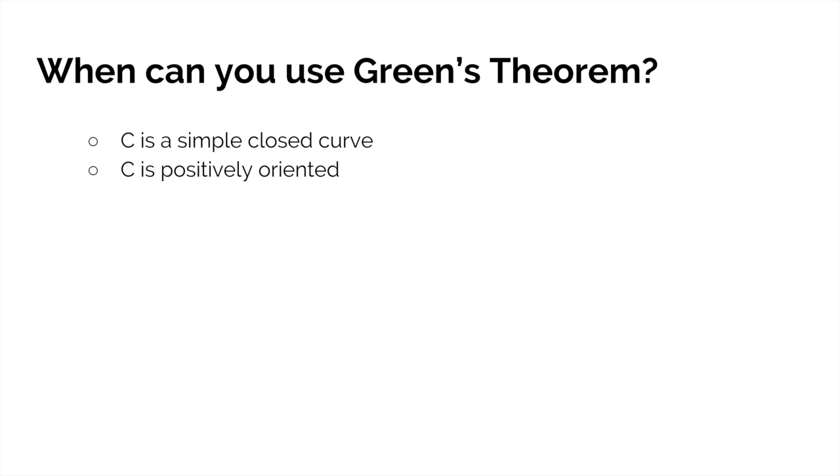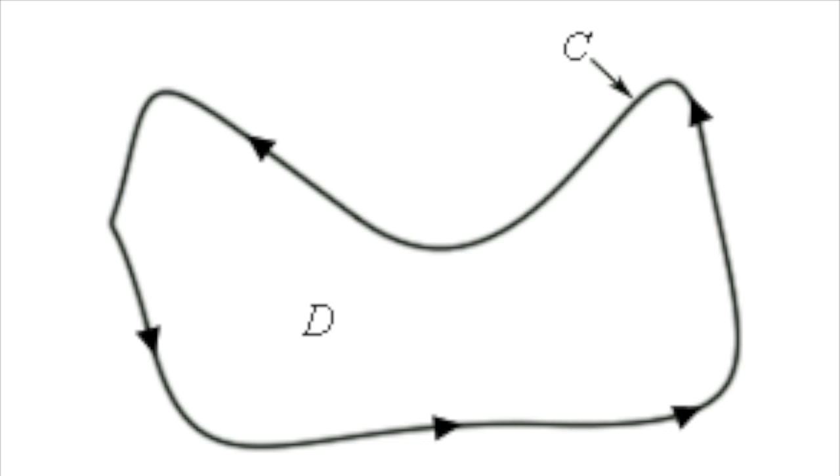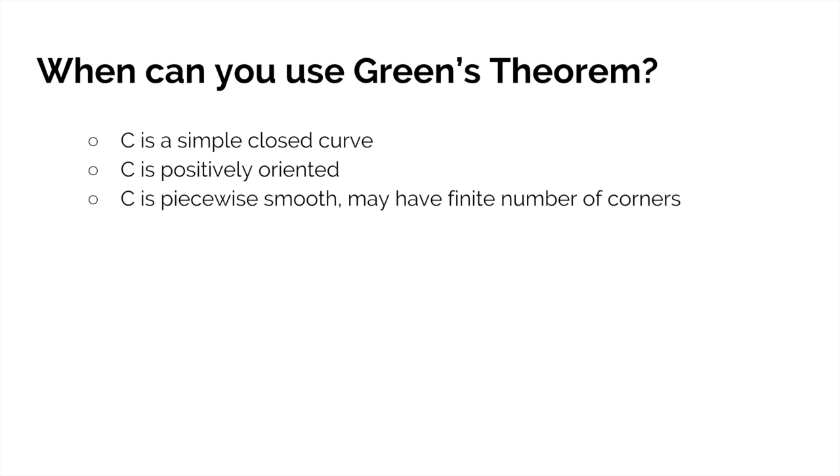This is just a convention of how you calculate it in order to apply the formula. What I mean by positively oriented is that it goes counterclockwise, so the interior is always to the left of the arrow. And third, the curve C is piecewise smooth and may have a finite number of corners.